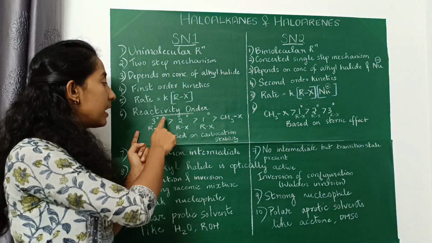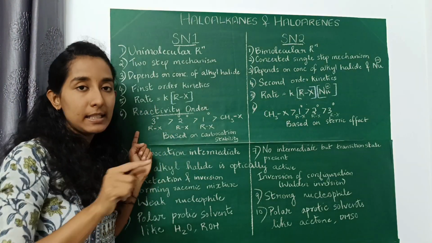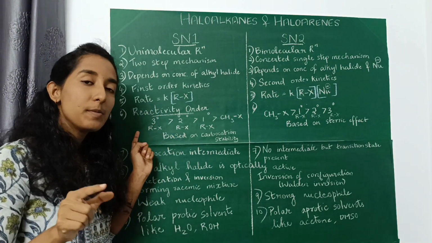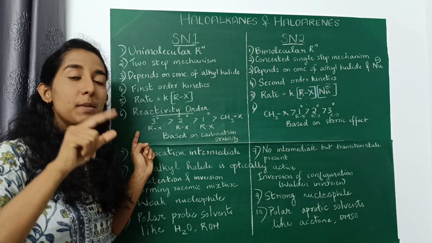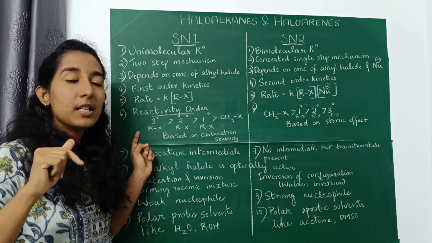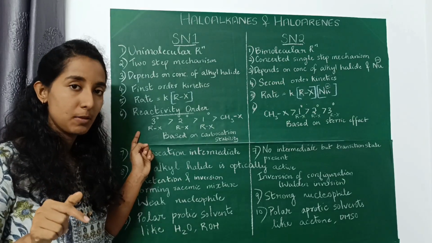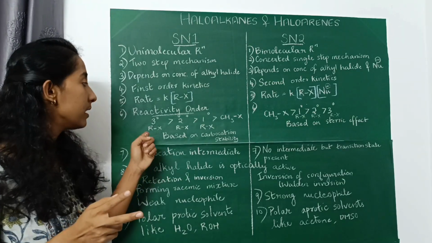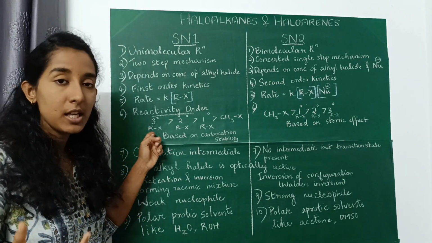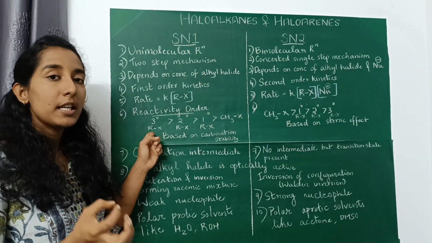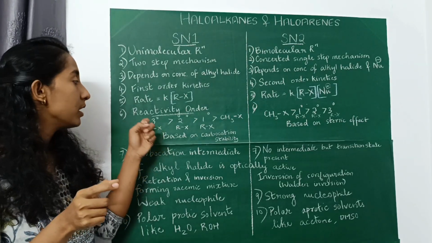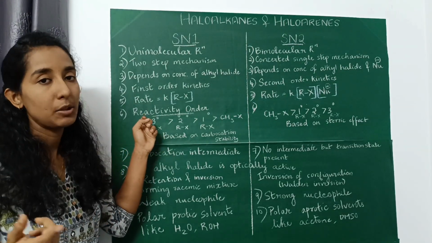For a tertiary alkyl halide, you have three alkyl groups attached, so the carbocation will be stabilized by the plus I effect of the three alkyl groups. So it will be more stable, since the tertiary carbocation is more stabilized, and the tertiary alkyl halide will be more reactive towards the SN1 reaction.